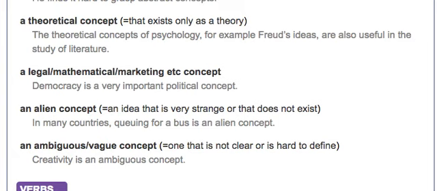In many countries, queuing for a bus is an alien concept. An ambiguous or vague concept. Watch my video on the word ambiguous. It means one that is not clear or is hard to define. Creativity is an ambiguous concept.